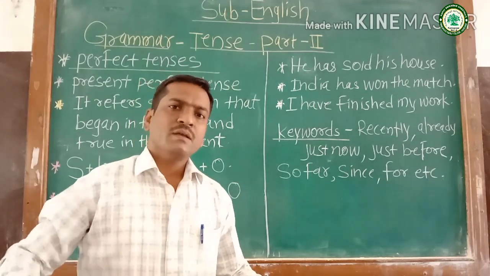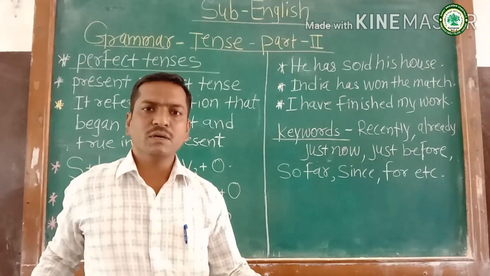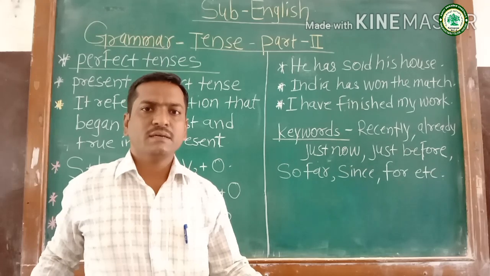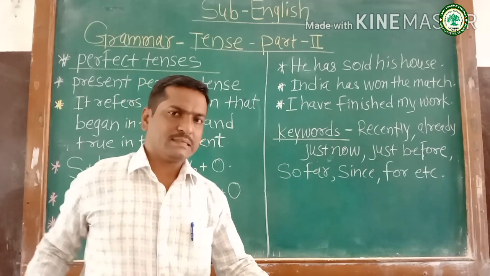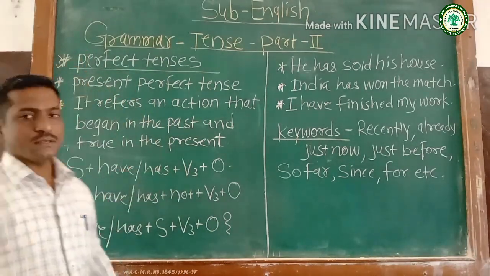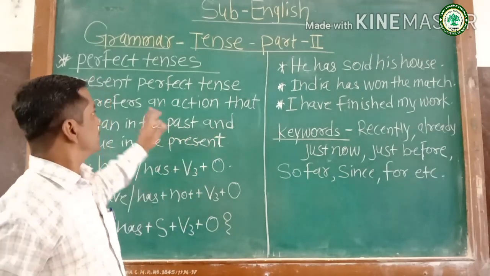Students, now in this lecture we are going to learn the remaining 6 tenses, and let us discuss perfect tenses. Perfect tenses, in which let us discuss present perfect tense.